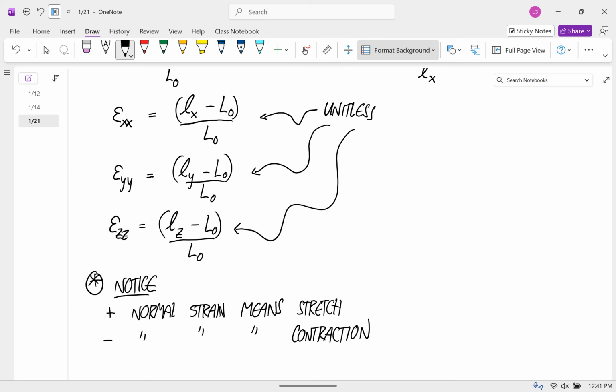And all of these signs are starting to match. If you remember, a positive normal stress means that the material is being stretched, and so you would expect the tension on the stress cube to correspond to the material increasing in length.